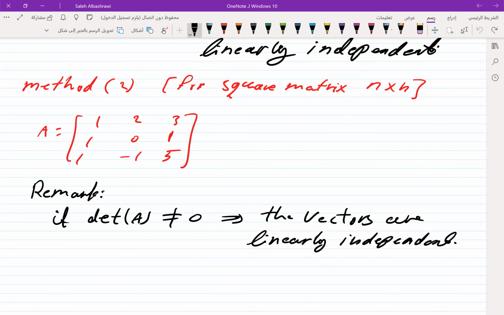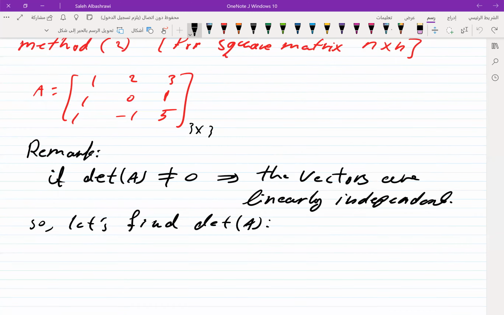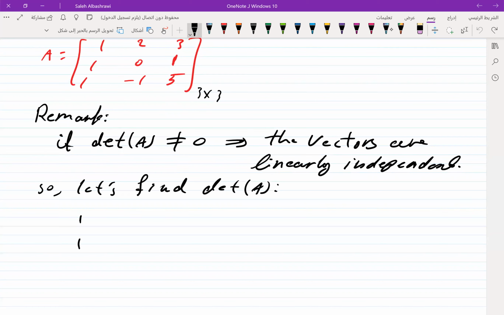It means that we need to find the determinant of the given matrix A. I have 1, 1, 1, 2, 0, minus 1, 3, 1, and 5.